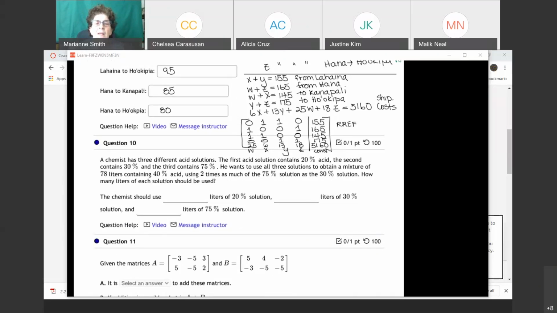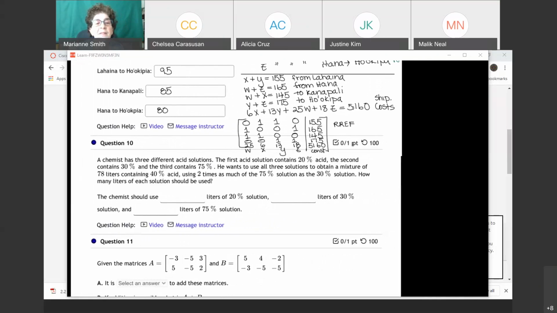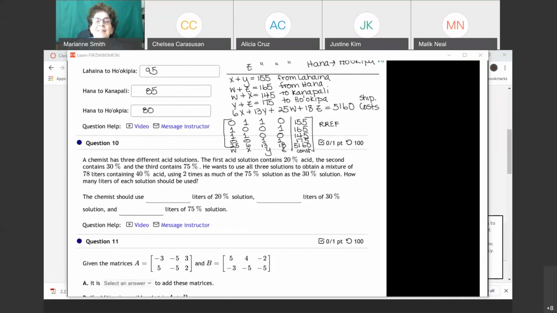The chemist wants to use all 3 solutions to obtain a mixture of 78 liters containing 40% acid. So he's trying to get an acid concentration somewhere in the middle of the 3 that he has. He's got one that's really strong and 2 that are kind of weak. So he needs to mix them together to get the dilution that he wants.